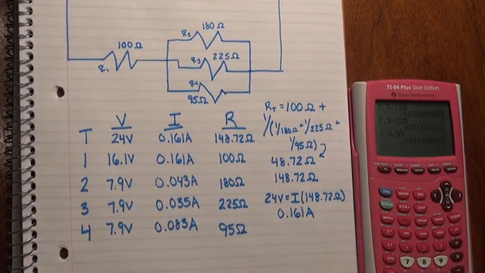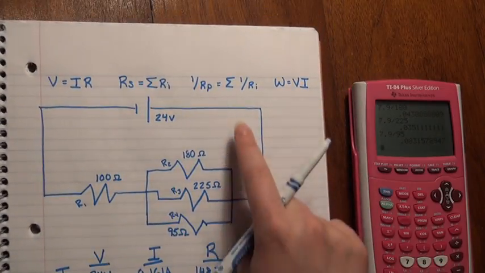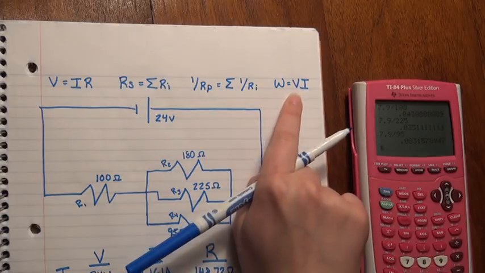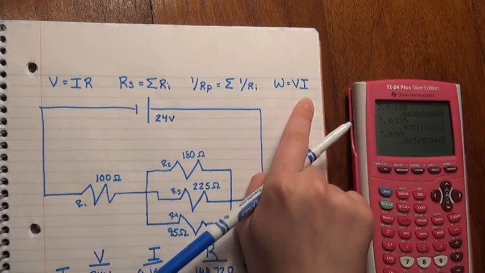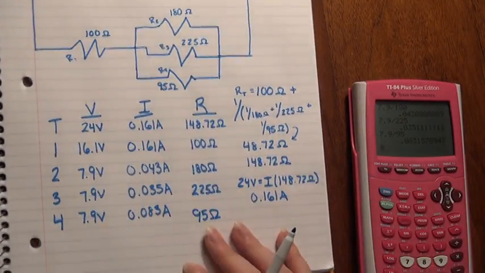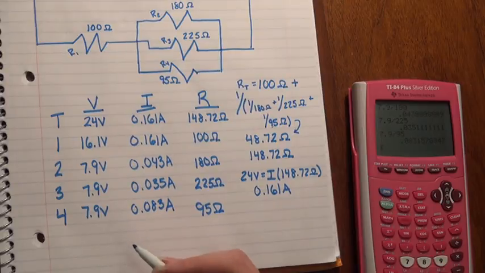Now finally, it asks for what is the power of R3. And by power, we are looking for watts, which is this equation written up here, W equals VI. W is power in watts, V is voltage, and I is current. And so if we're looking for the power across resistor 3, we can take the voltage here of 7.9.